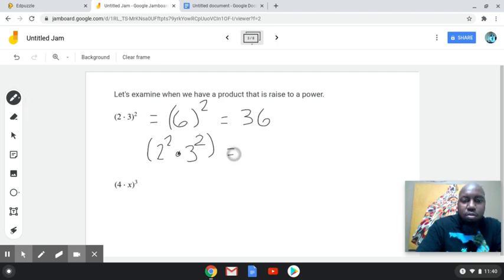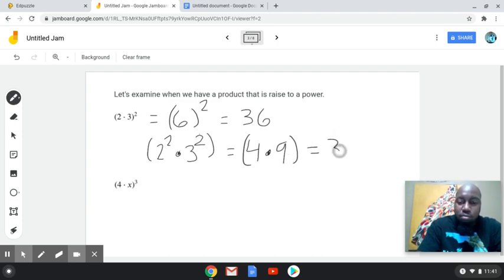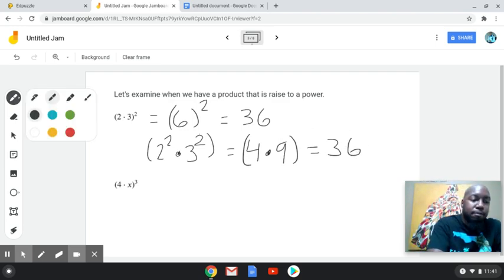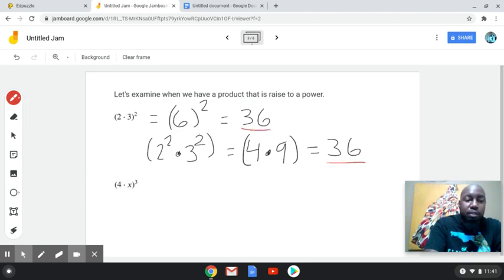With that, you have to do the exponents. So 2 squared is actually 4, and 3 squared is 9. 4 times 9 is 36. So it's still the same answer that we had, right? We still have the same answer from both ways.